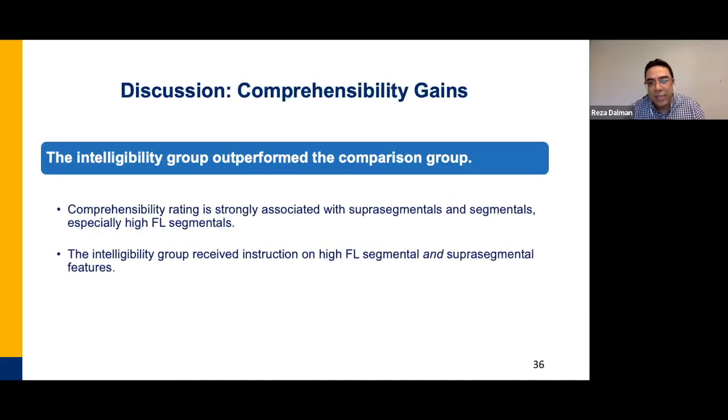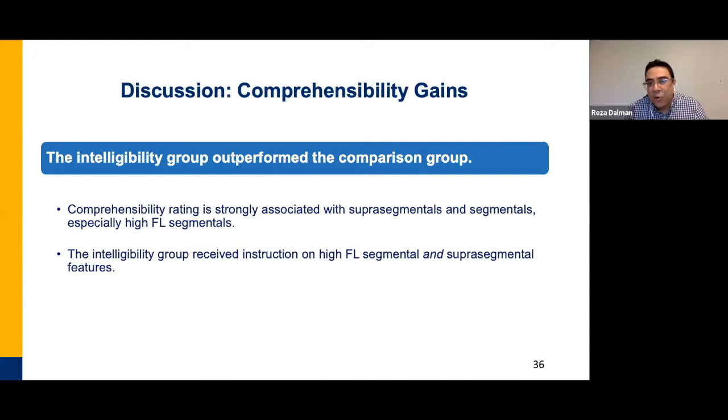And for comprehensibility gains, the intelligibility group outperformed the comparison group in the post test. But why is that the case? The comprehensibility rating is strongly associated with suprasegmentals and segmentals, especially high functional load segmentals. In this study, the intelligibility group received instruction on high functional load segmentals and suprasegmental features.